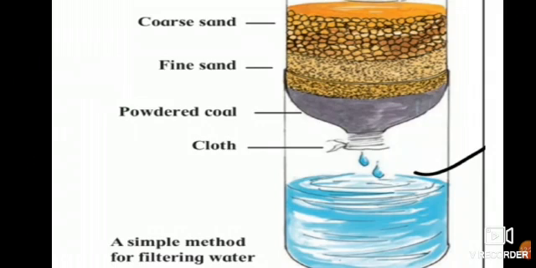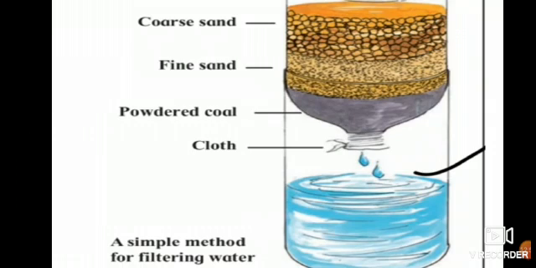So what you can see, place the bottle on its lower cut off portion as shown in the figure. Now pour some muddy water containing some rubbish slowly into this bottle. What you observe, the water that flows into the base of the bottle appears clean.